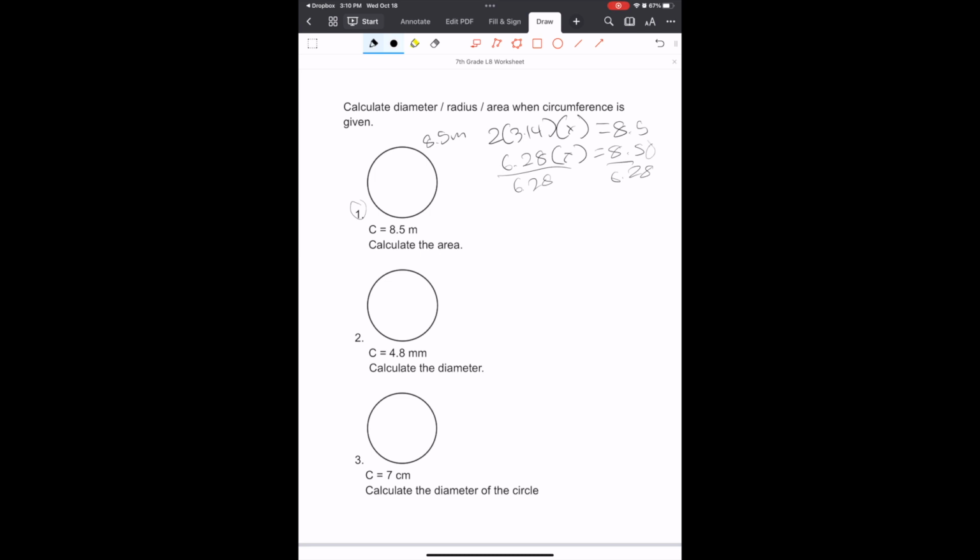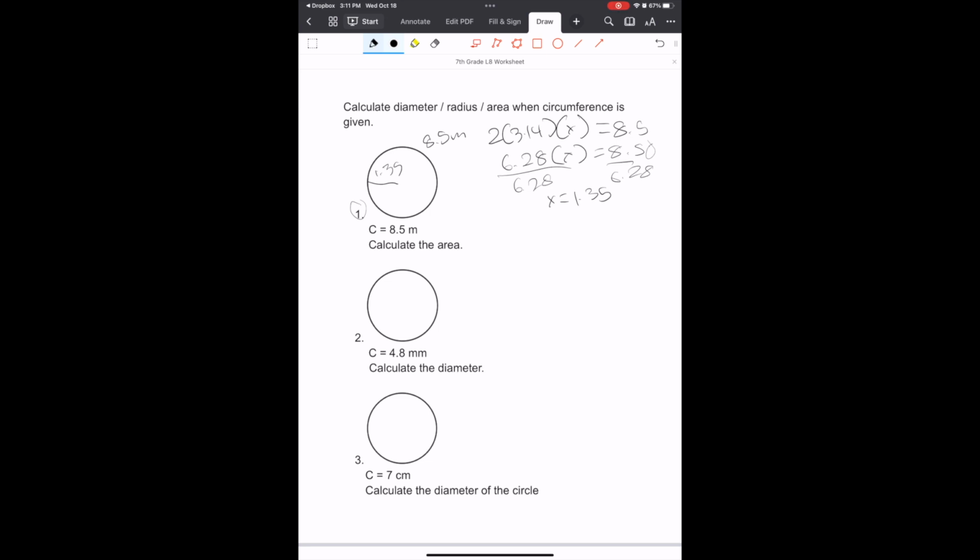You're going to get a really ugly number, so pull out your calculators and do 8.50 divided by 6.28. You should get something that rounds to x equal to 1.35. So that is our radius, 1.35, and using that, we can calculate the area.